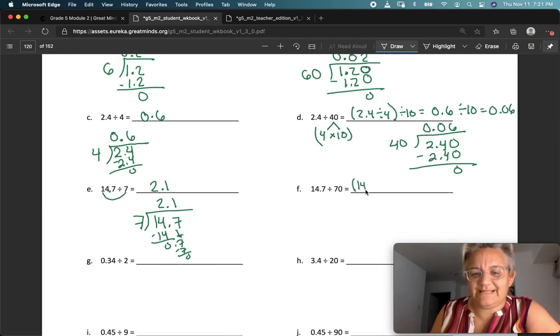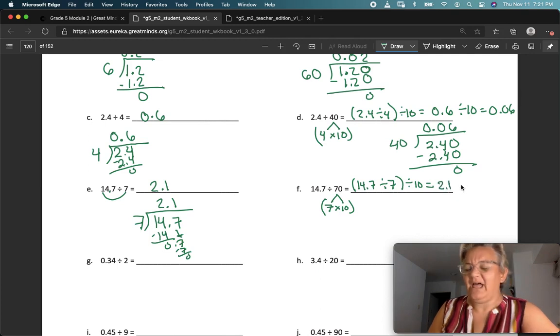And let's try that over here. So 14 and 7/10 divided by 7 divided by 10. How did I get this 7 and this 10? I broke this up. This 70 I broke up into 7 times 10, right, which is the same. Then I get here, I get 2.1.